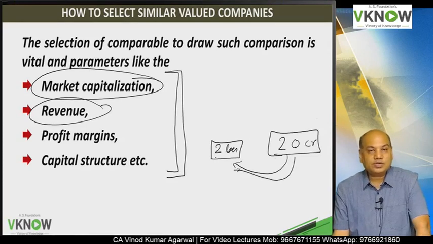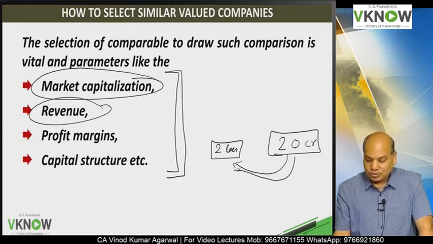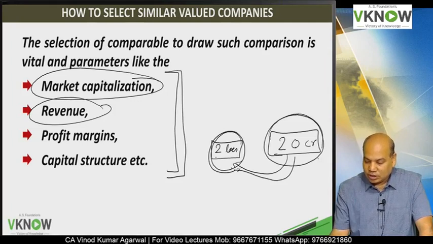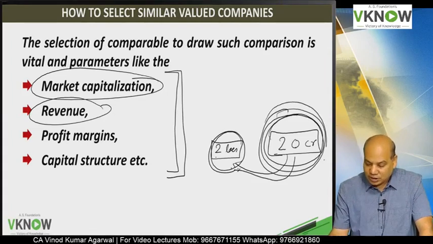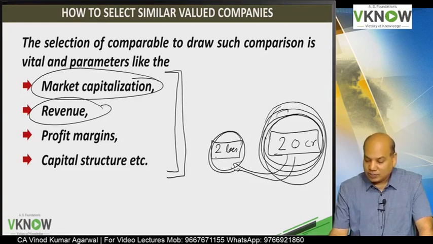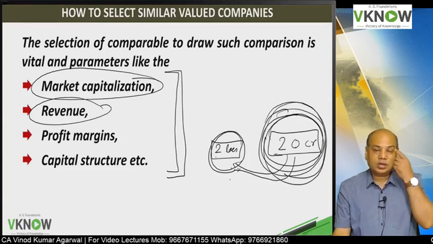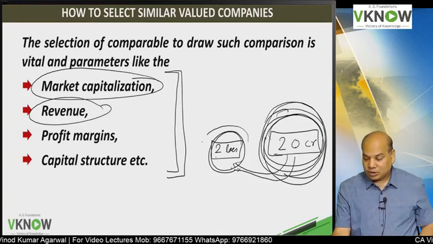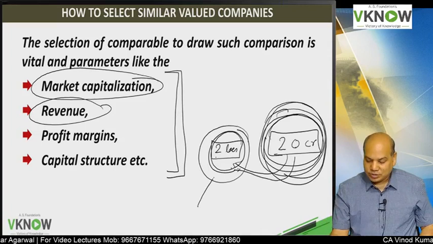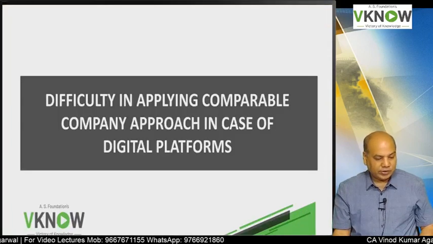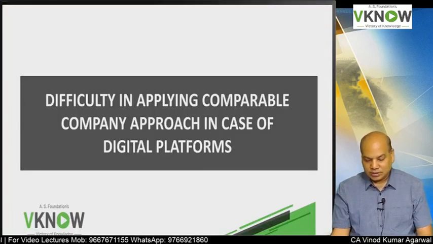You will have to give some discount when you value this company, because the comparable has reached a customer base, stability, it's a listed company, it has a positive cash flow. If you are using that company, then you have to give a discount while doing the valuation of such companies. So that is how the valuations are done.